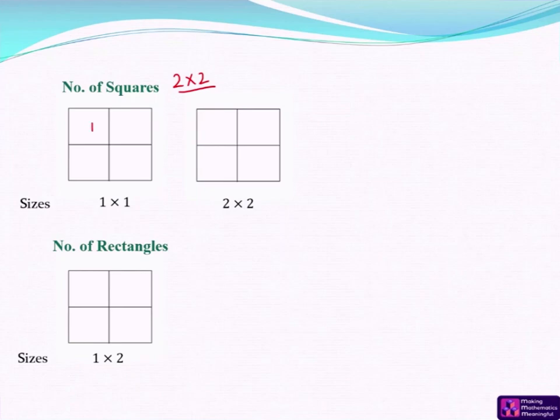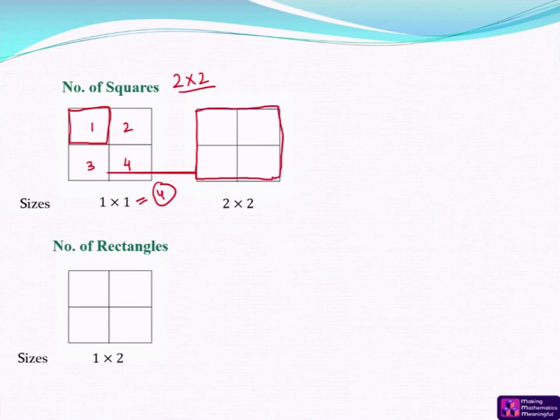This is one, similarly this is the second, this is the third, and this is the fourth. So for 1 cross 1 sides, we have a total of 4 squares. And of course, for 2 cross 2 sides, we can easily observe that there is only 1 square. So the total number of squares will be 4 plus 1 equal to 5.